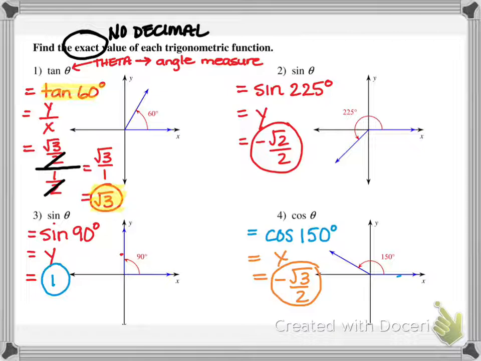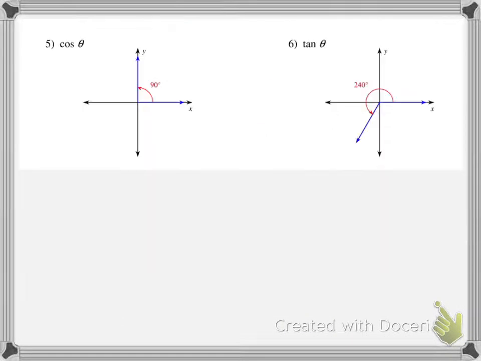Okay, so far, hopefully you're okay with that. So let us come over here and do a tangent problem. No, not a tangent problem. Oh, we still have cosine and a tangent problem. So how about you pause your video right here and work these two problems out on your own, and then check your answers.